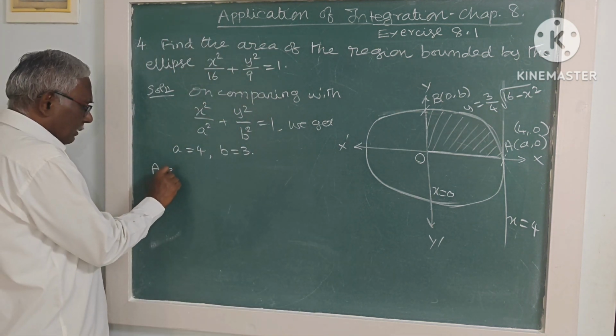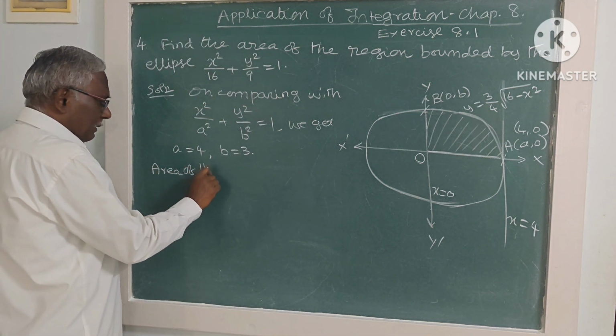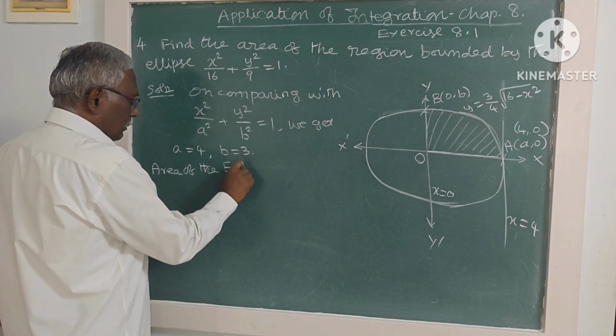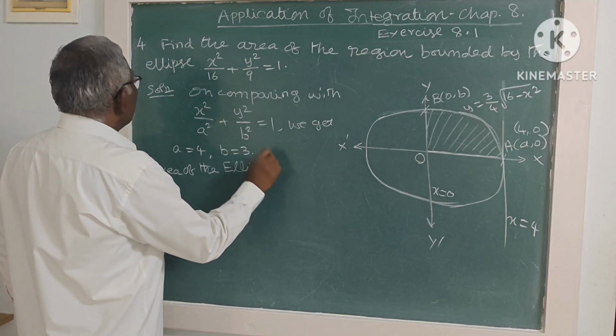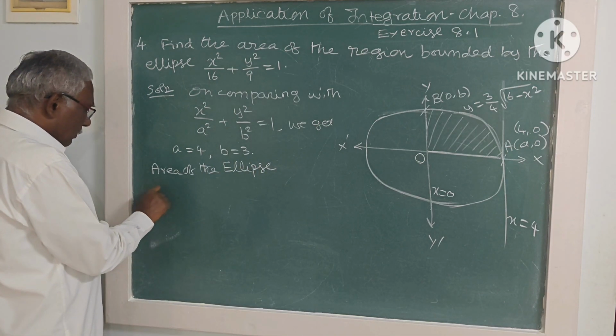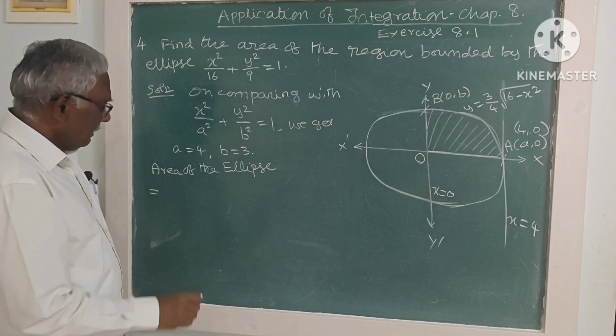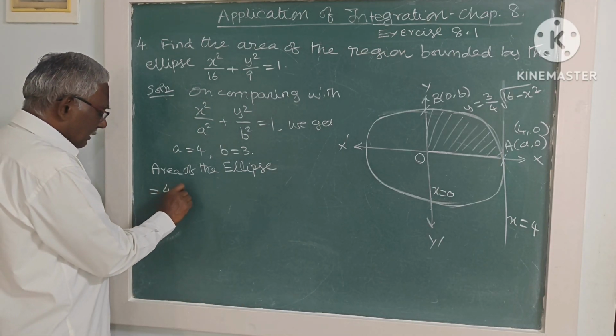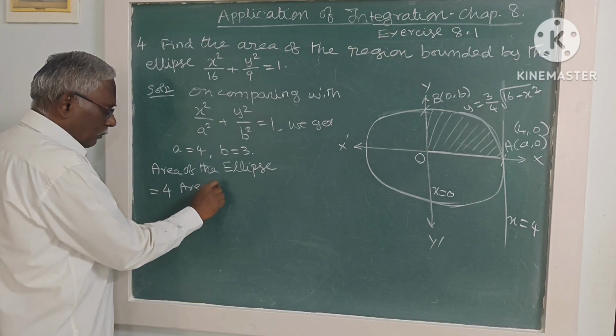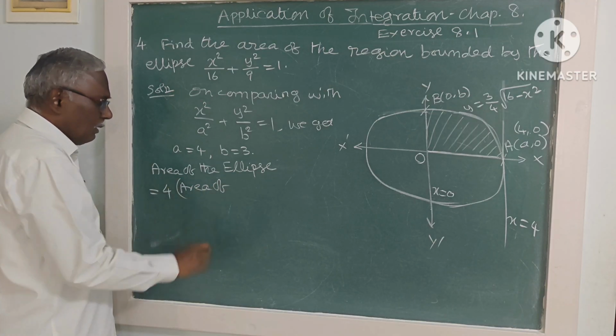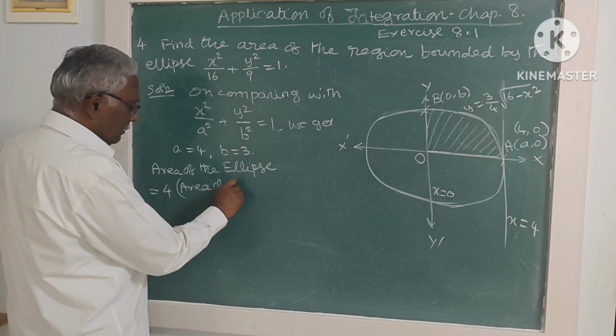Area of the ellipse is equal to 4 times area of the shaded region.